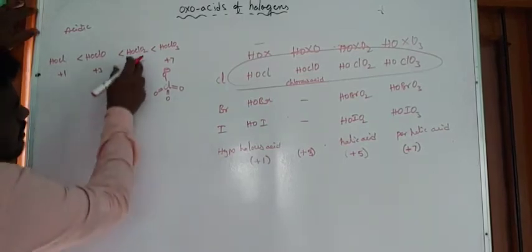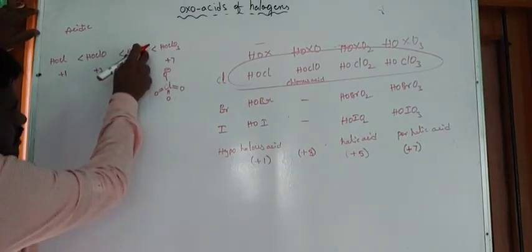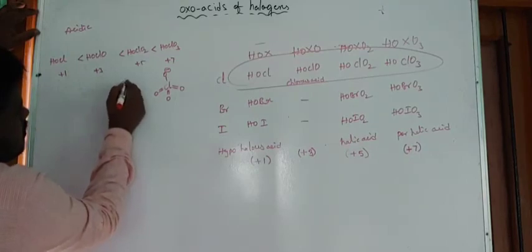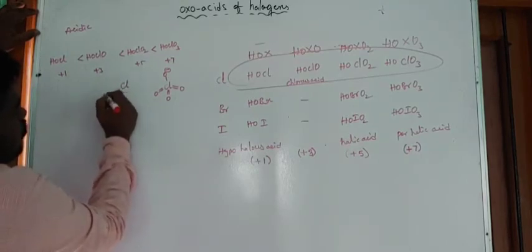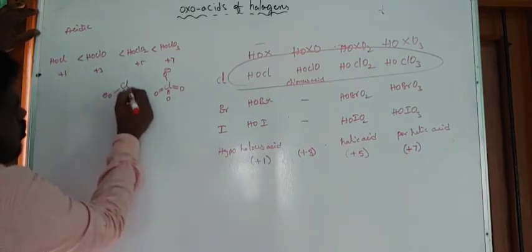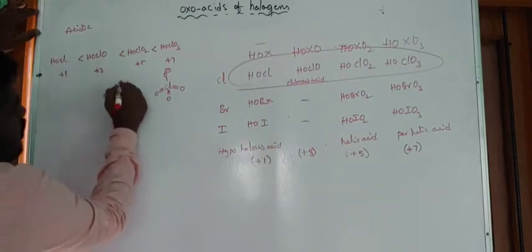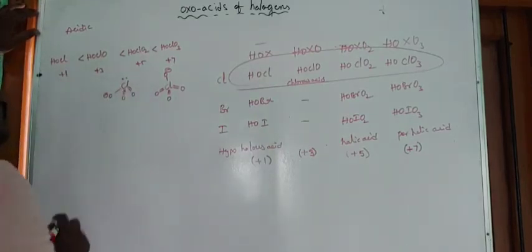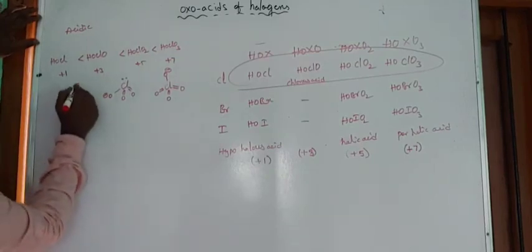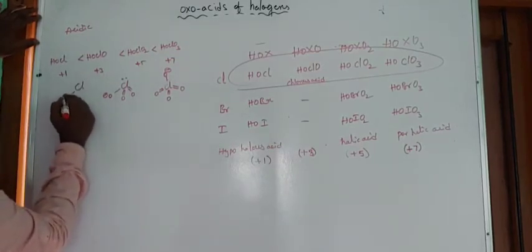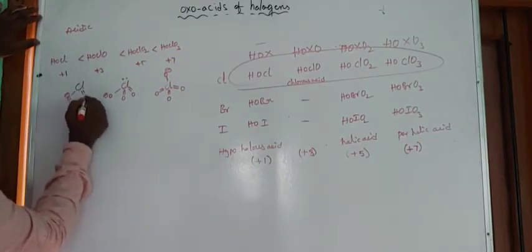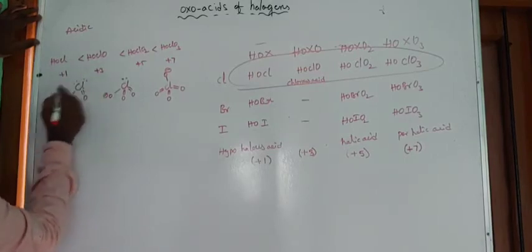Next, let me take the structure of the anion given by the next one. That is Cl, O minus, double bond O, and double bond O. Then for HOClO, Cl, O minus, double bond O, where 2 lone pairs are present.